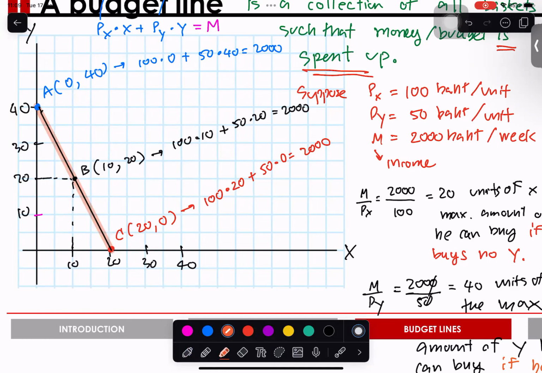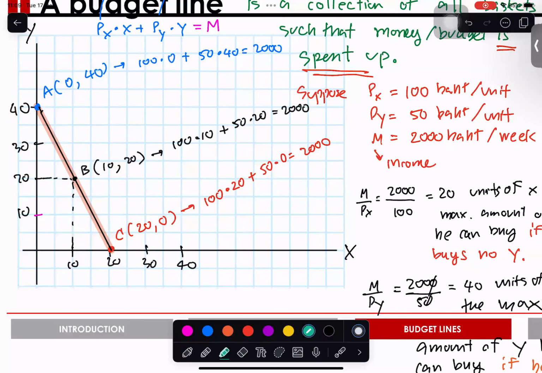So lesson learned number 2 is: if you think of this line as the beach, here is the ocean, and this is inner land.